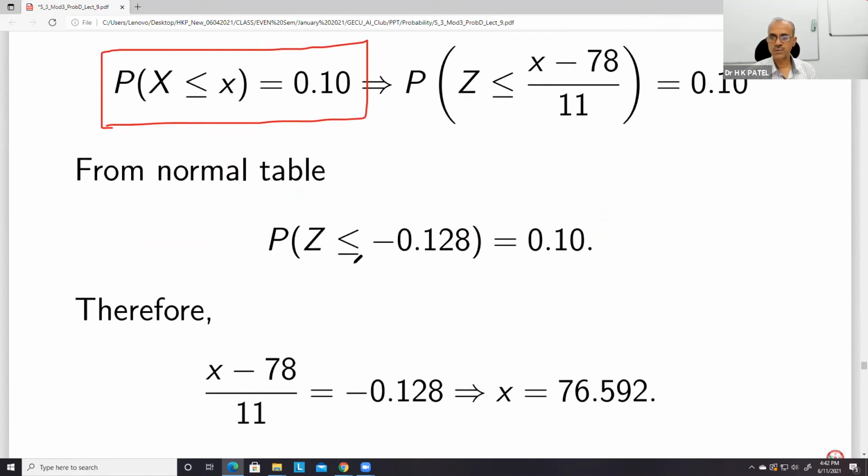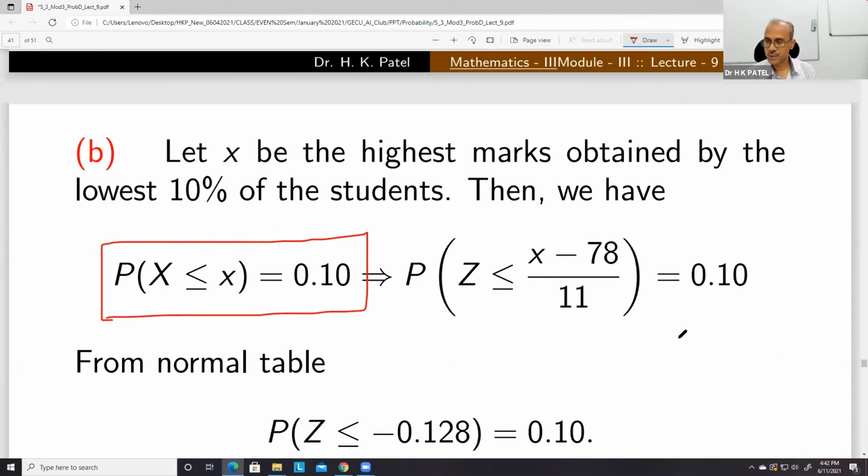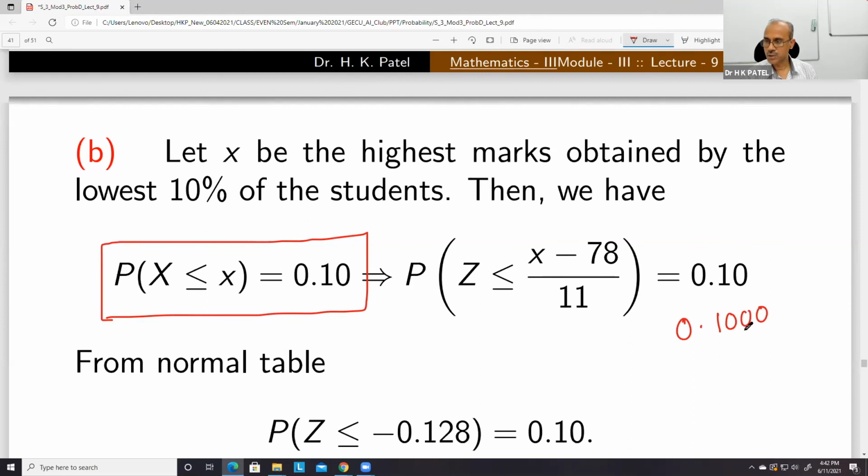We obtain this z because we know the probability here, 0.100. You have to search for this number in the normal table, which gives area.